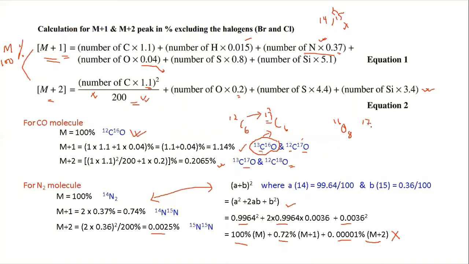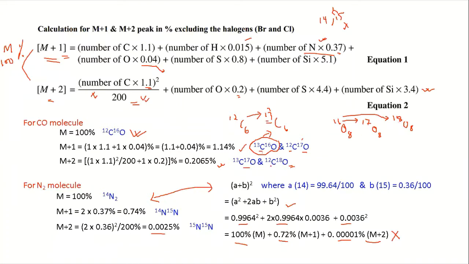When you consider 17O8, that is M plus 1, you have 1 unit. And the last one, 18O8, that is M plus 2.